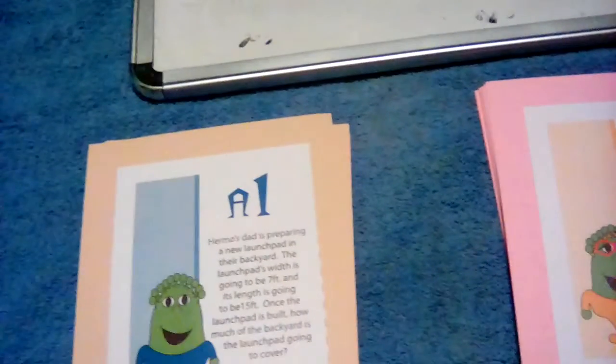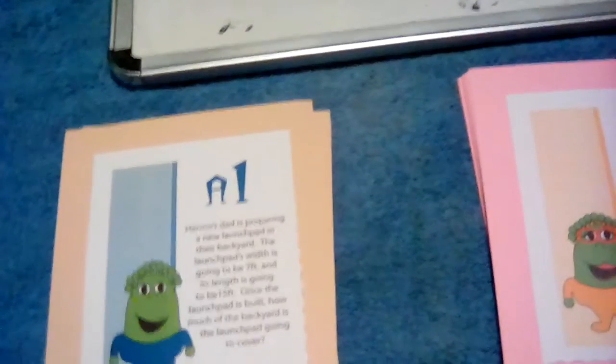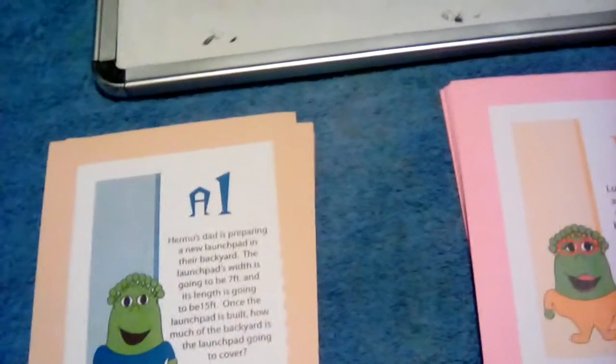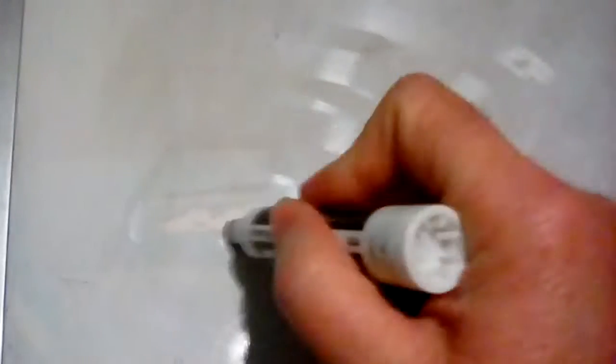So this again is area. Remember, area is only dealing with squares, rectangles, that type of thing. So remember for area, you are looking at the base times the height. So for a rectangle, sorry about that.